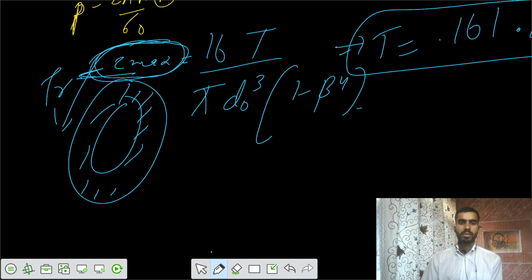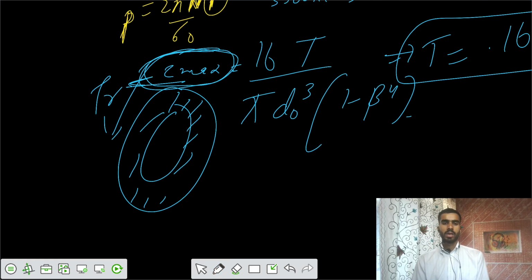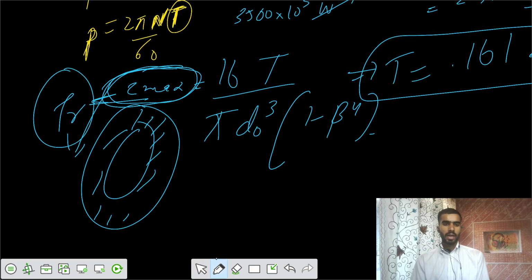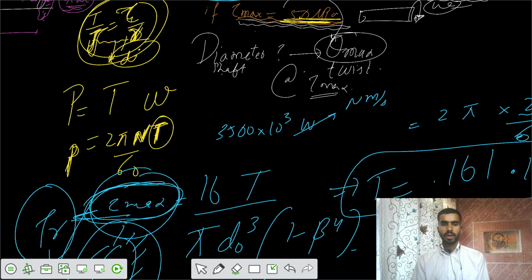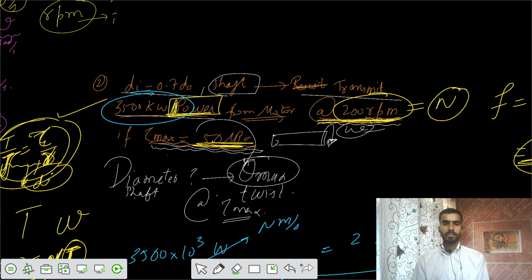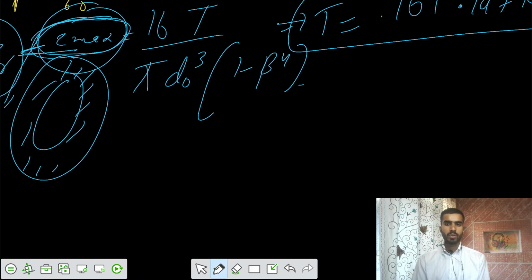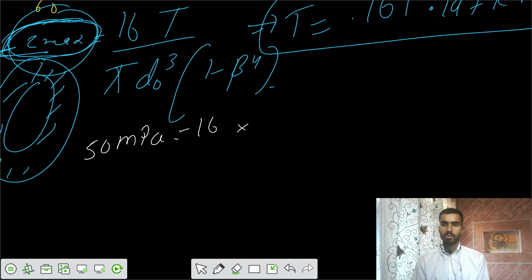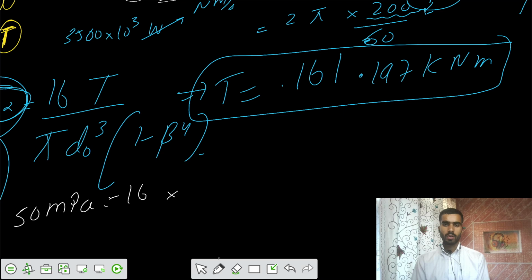Now I know the value of T, and I know the value of tau max, which is provided in the question: tau max is 50 megapascal. Now if I substitute those values, I write that 50 megapascal equals 16 T, and the value of T is here.